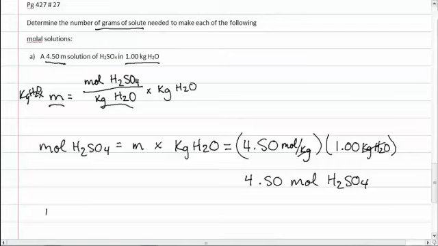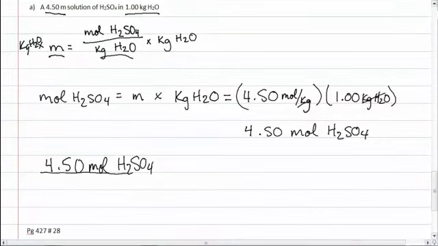From there, we take 4.5 mole of H2SO4, and we convert it to grams using our molar mass.